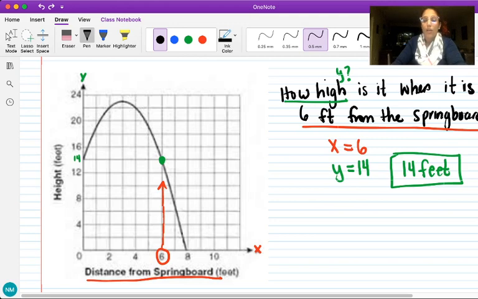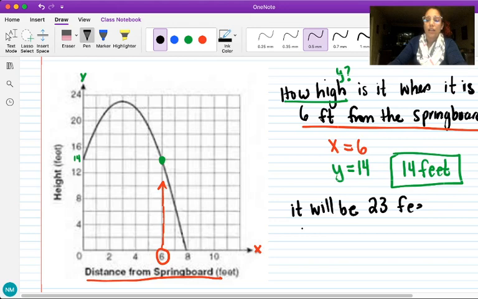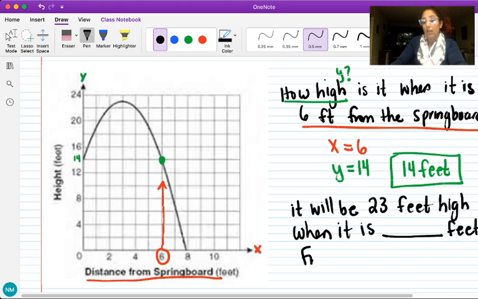What about this question? It will be 23 feet high when it is blank feet from the springboard.